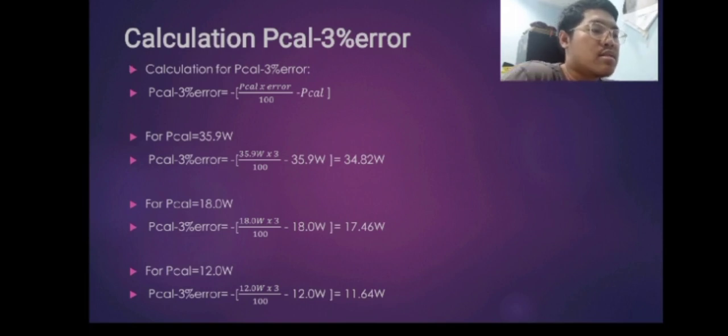Next, P calculated equal to 18 watt, the answer after 3% error is 17.46. For P calculated equal to 12 watt, the answer after the 3% error is 11.664 watt.